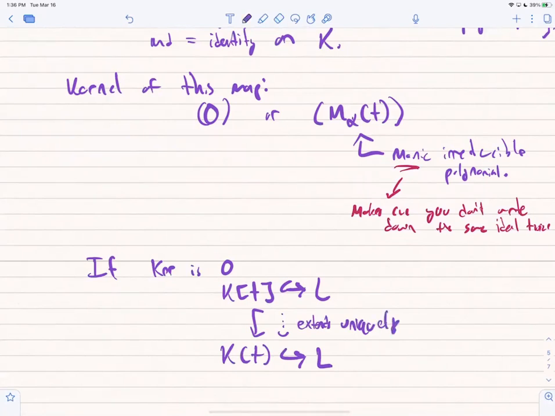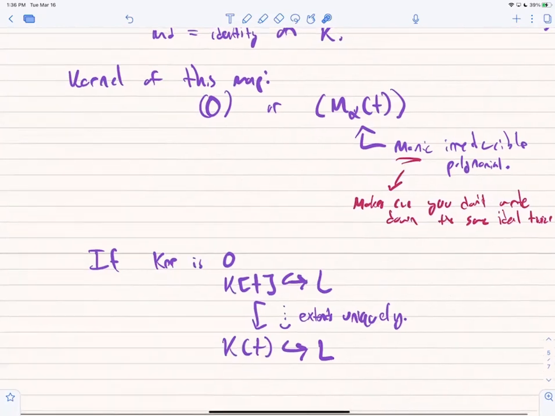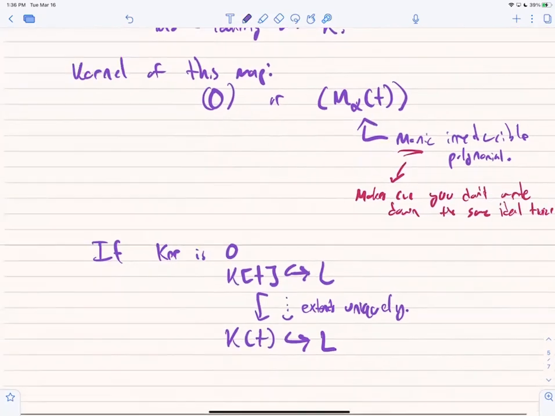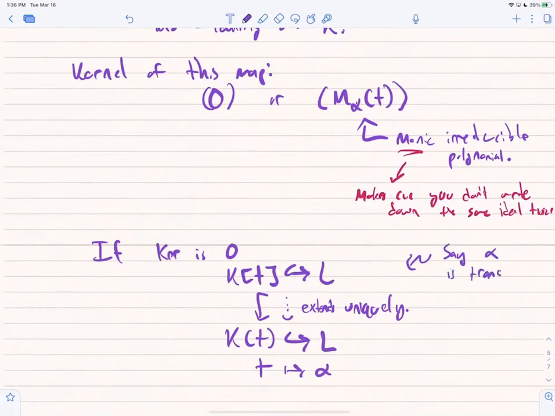For the exact same reason that when I had a map from Z to a field where the kernel was 0, it extended to the rational numbers. Here I have a map from K[T] to L, but it's injective, and L is a field, so this extends uniquely to the fraction field, which is just the field of rational functions. So here T maps to alpha. And in this case, we say alpha is transcendental over K.